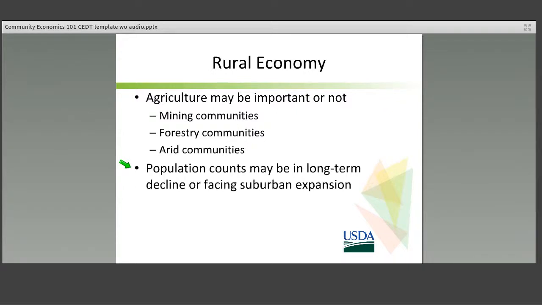We've seen a little less of that in recent times, but it's still going on. So the situations can vary quite a bit from one place to the next, and it's the job of the USDA rural development professional to help identify some strategies that work for those communities that can fit into the programs that you have available.